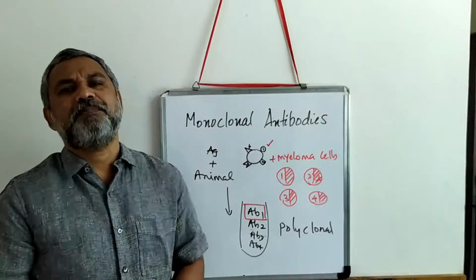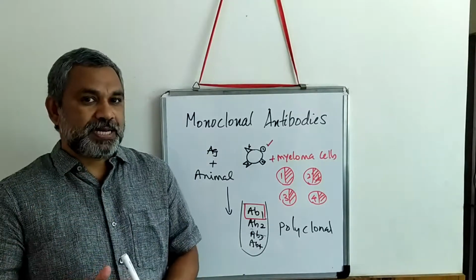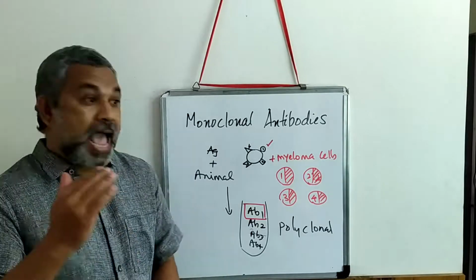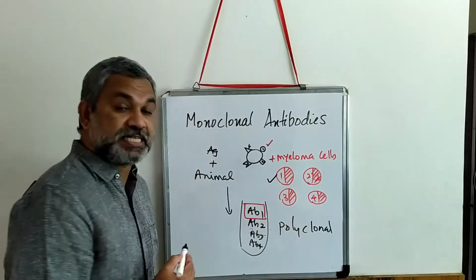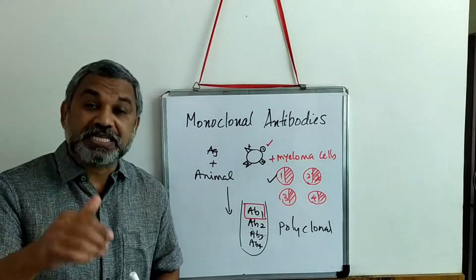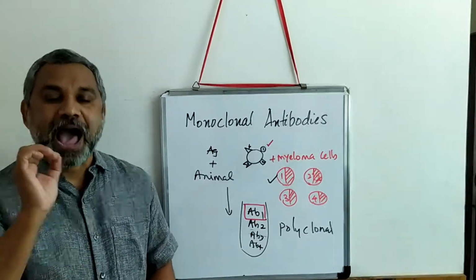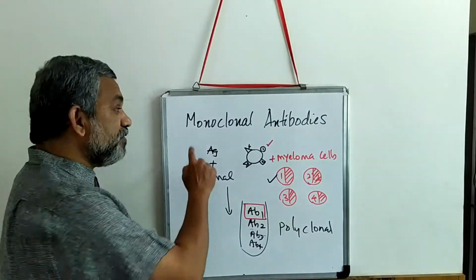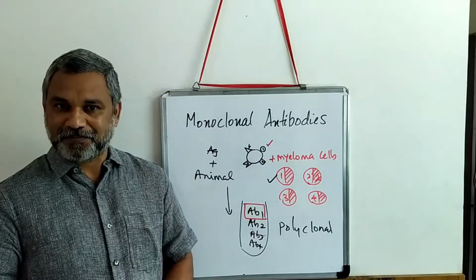Fusing normal B cells, antibody producing cells, with the myeloma cells can give a long lifespan. Suppose you are able to select only this number 1, then it is capable of continuously producing a large quantity of monospecific antibodies. This is the concept that we are going to develop as the production of monoclonal antibodies.